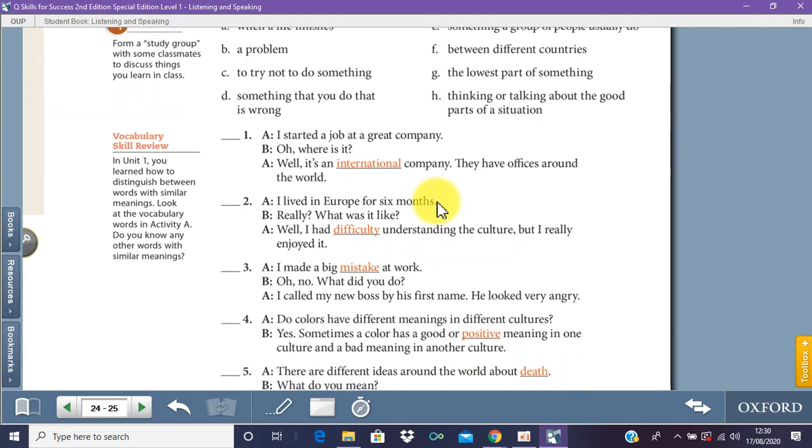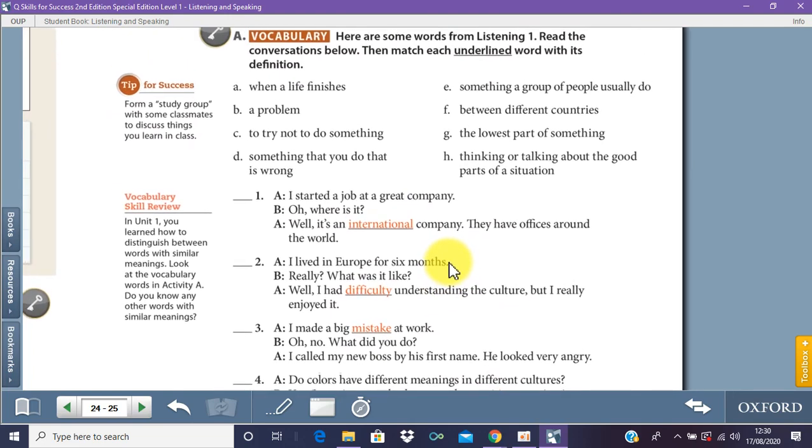Question number 1. Right, okay, international. So you want to read A, B, C, D, E, F, G, H, and you want to put them into here, okay? The word is international. You can read the whole sentence. I'm not going to waste your time. You're very smart people. It's very easy and simple. All you have to do is read this, but I'll read the first one, and you can read the rest yourself, okay?